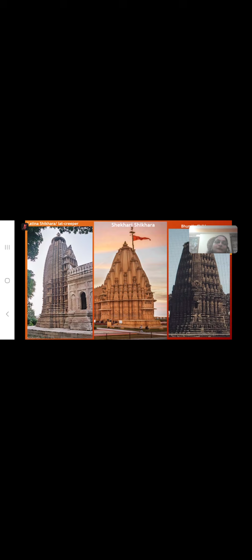It's called Skanda, that is the shoulder of the Shikara, above which this Amalaka is placed, and above that there is the Kalasha. Now you'll see some minute engravings here.